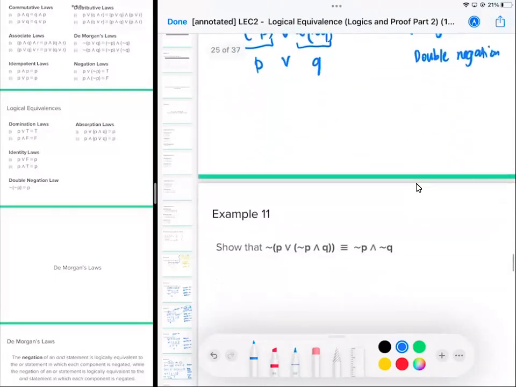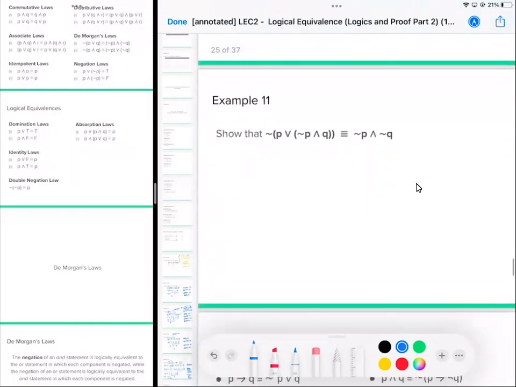Now we also have example 11. We will try to prove that the not of (P or (not P and Q)) is logically equivalent with not P and not Q. Let us move on. We can use again De Morgan's for that.